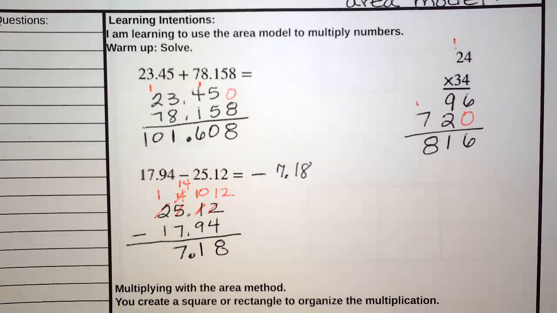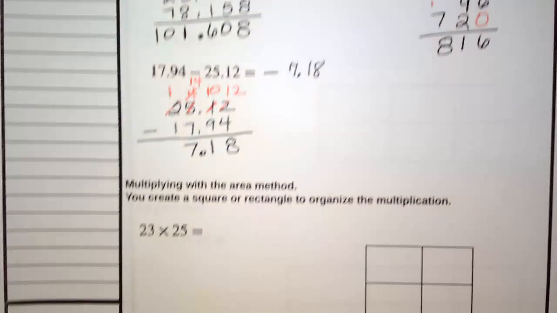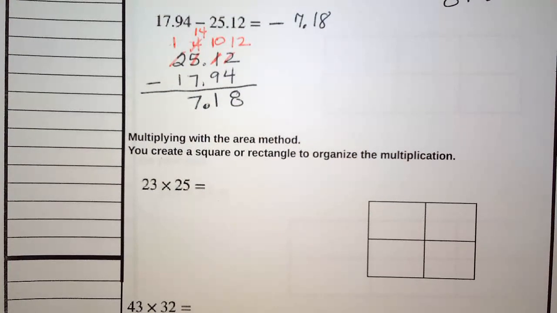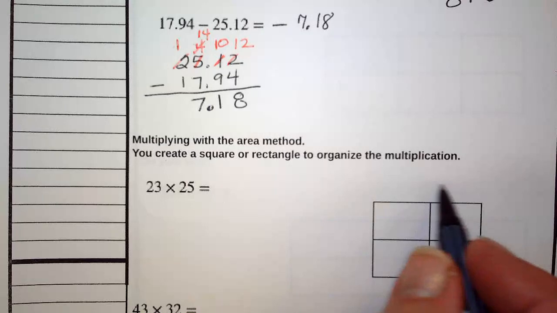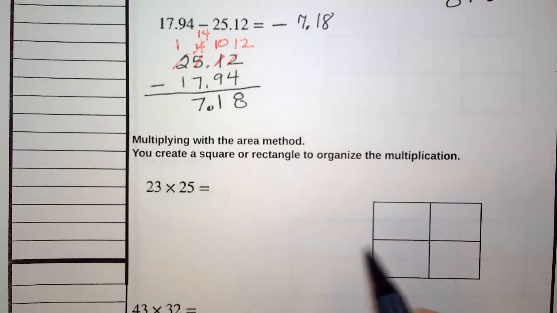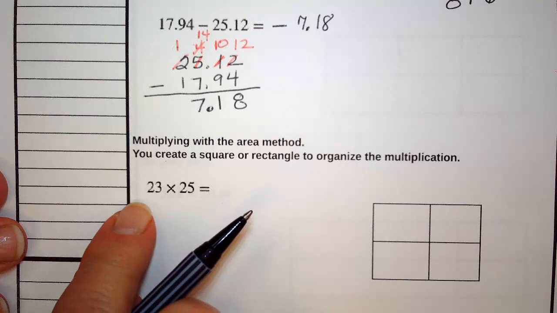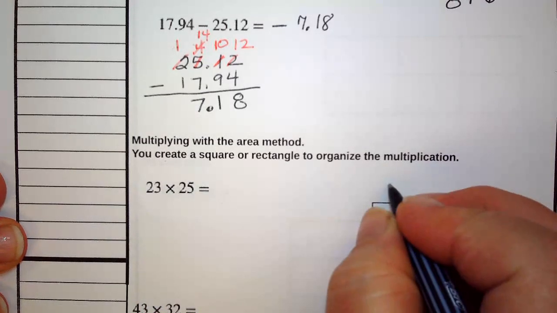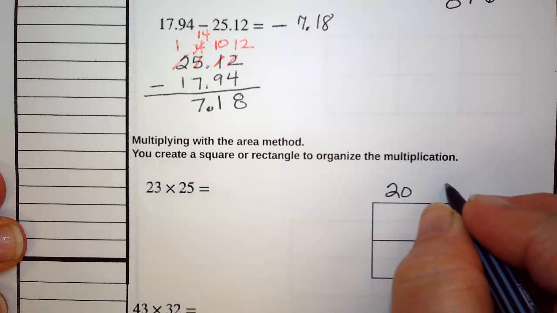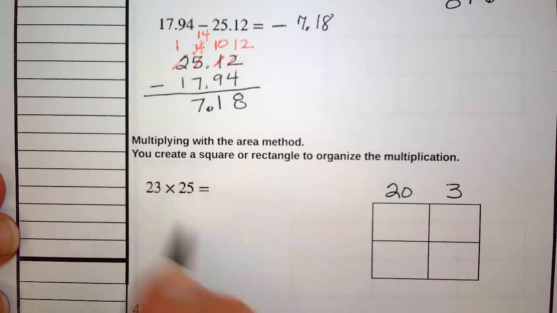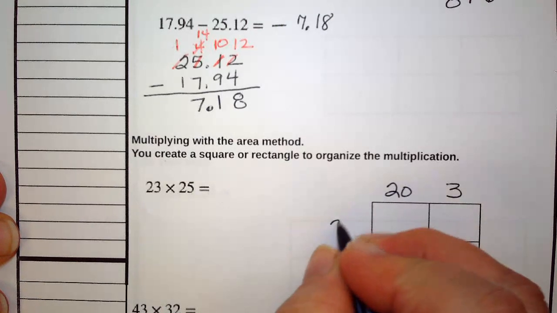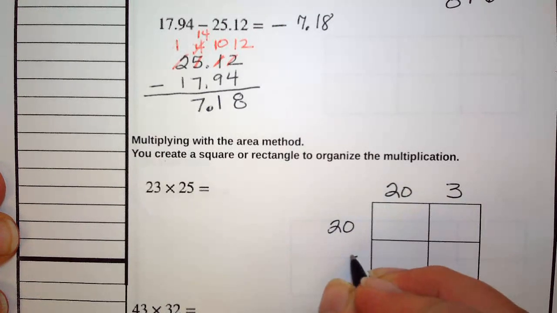Okay, what is the area model? To use the area model, you create a square or rectangle to organize your multiplication. You put one of your two numbers up here and the other down this side. 23 is actually 20 plus 3. 25 is actually 20 plus 5.